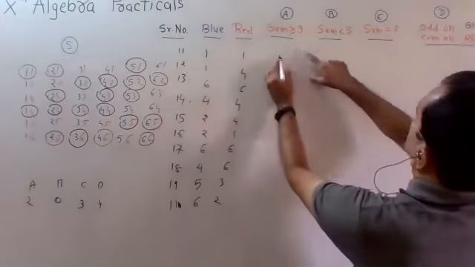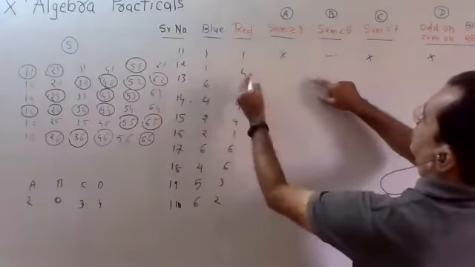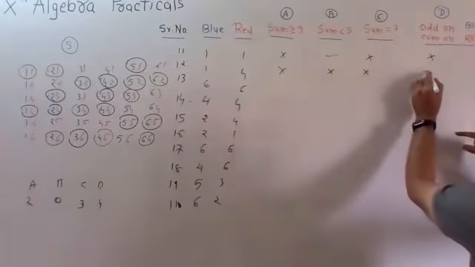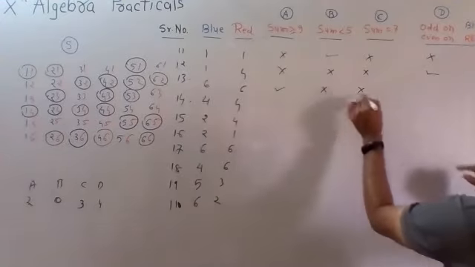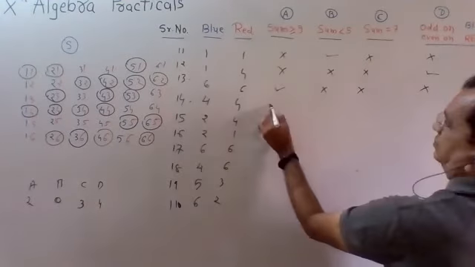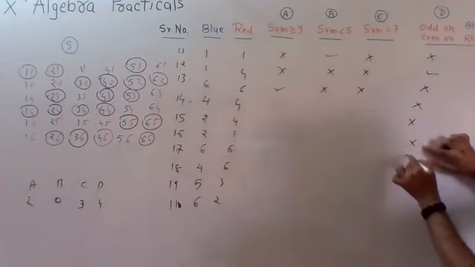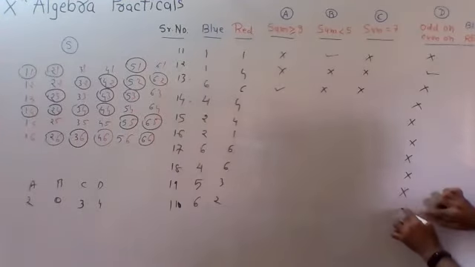So sum is 2, less than 5. Odd and even, no. This is 5. Exactly 5. Odd and even. 12, greater. Odd and even, no. This is also odd and even, no.